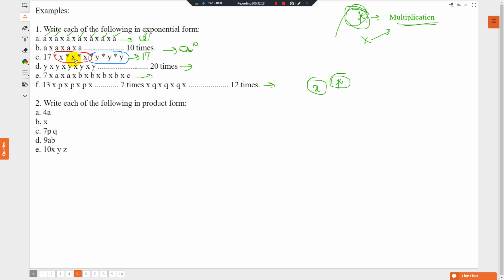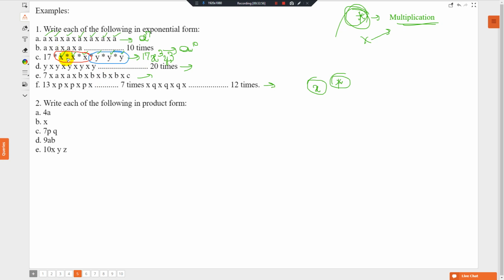In the first group, the red group, which letter is used? x. How many times? 3. So write 3. Now we have completed the first group. Now for the second group, which letter is used? y. How many times? 1, 2, 3. 3 times. So the answer will be 17x³y³.